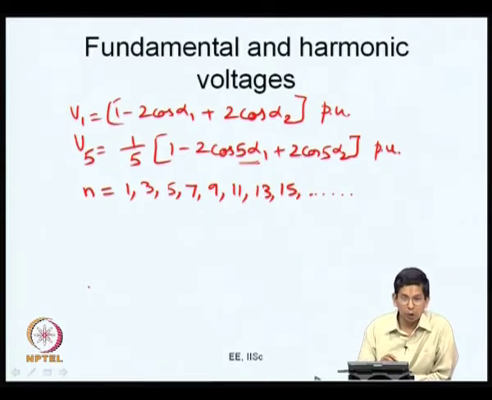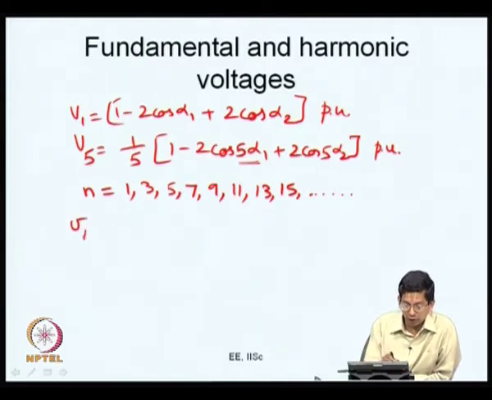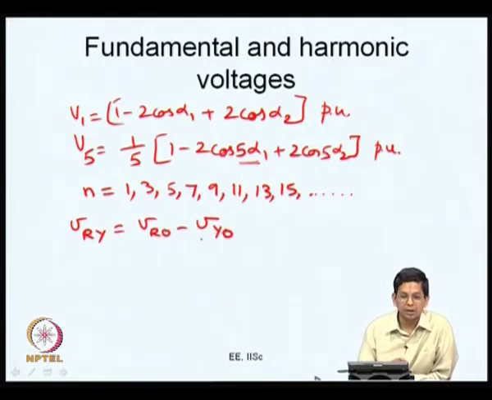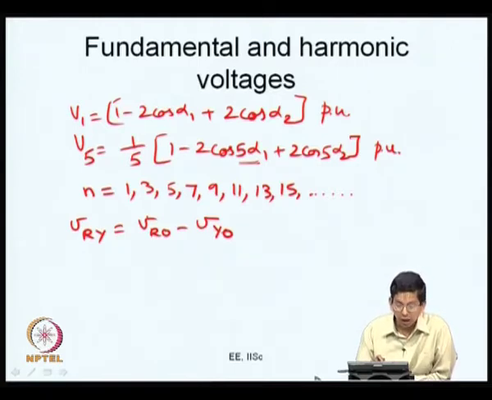Now, what I am going to do is, we are going to apply it to a 3 phase load. We are going to have V Ry is equal to V RO minus V yO. Recall the definition of the line voltage. Now, if V RO has a third harmonic component, V yO will also have the same third harmonic component, and V RO and V yO are phase shifted by 120 degrees, and 120 degrees for the fundamental frequency is equal to 360 degrees for the third harmonic.